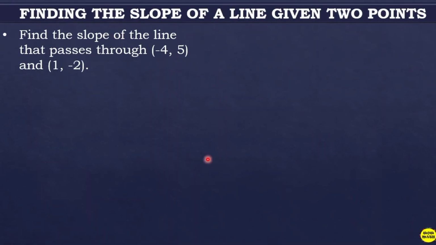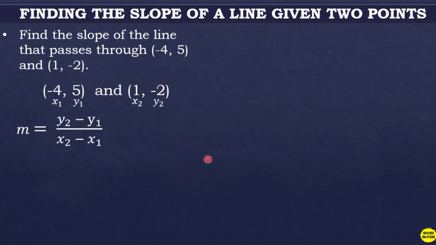Next, so what if given po yung ating graph ng ating linear function and then pinapahanap yung slope. Okay, so kapag slope ang pinag-uusapan, meron tayong tinatawag na, ito po siya. This is how we solve the slope of a line.